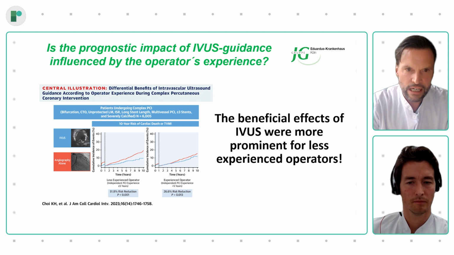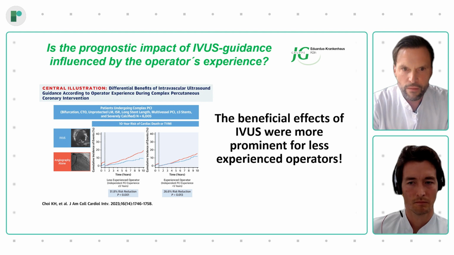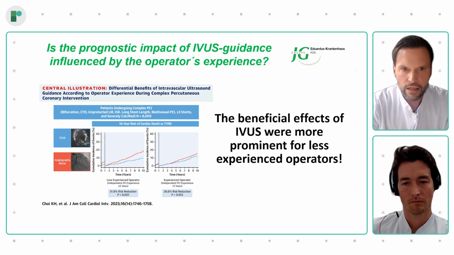This is a clear message that you should not restrict the use of intravascular imaging to experienced operators. Everybody entering the cath lab and starting to do PCIs should learn how to use IVUS, because those colleagues will benefit the most from the additional information about the anatomy, the pathological findings, the plaque extent, the lesion diameters, and so on.